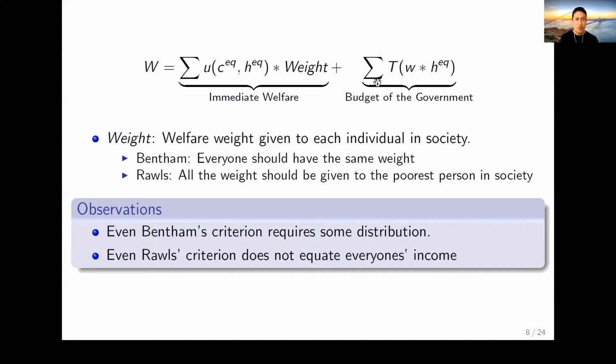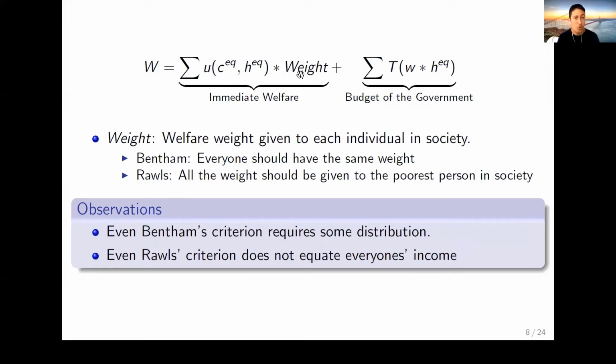Before I talk about the weight, which is something important, I want to talk about the second element in this welfare function, which is the budget of the government. The budget of the government is basically how much taxes the government is collecting from this income tax, right? And that's just the sum of all the taxes that the government collects from each individual, the income tax, which is a function of the income of each individual, as we saw before.